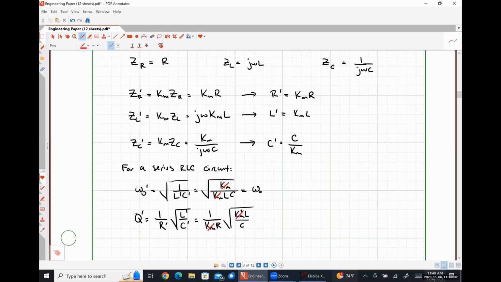This guy cancels this guy, and we simply have 1 over R root L over C, which is nothing more than our normal definition for Q for our series resonant circuit.